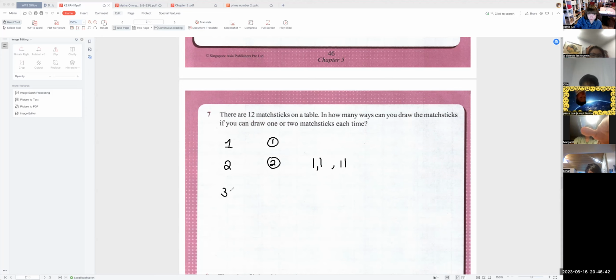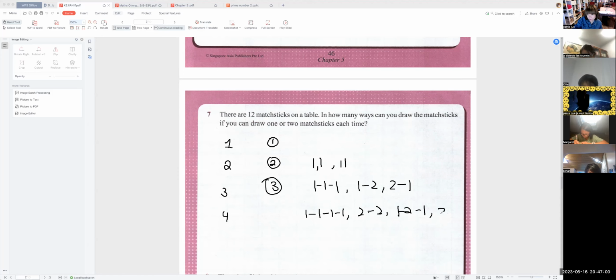So if you want to draw 3 matchsticks, there's 1 1 1, or 1 2, or 2 1, correct? So there are going to be 3. And 4 matchsticks is going to be 1 1 1 1, and 2 2, or 1 2 1, or 2 1 1. And what?